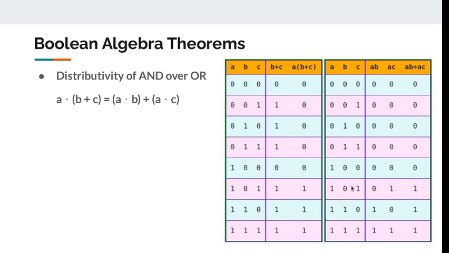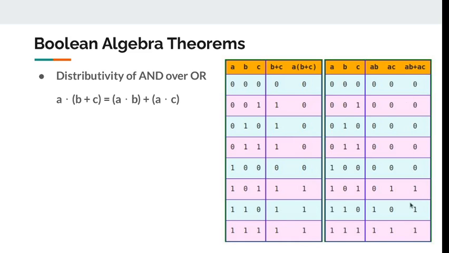When we OR those two together, A and B or A and C, we see that everything is 0 up to here, then 0 or 0 is 0, 0 or 1 is 1, 1 or 0 is 1, 1 or 1 is 1.